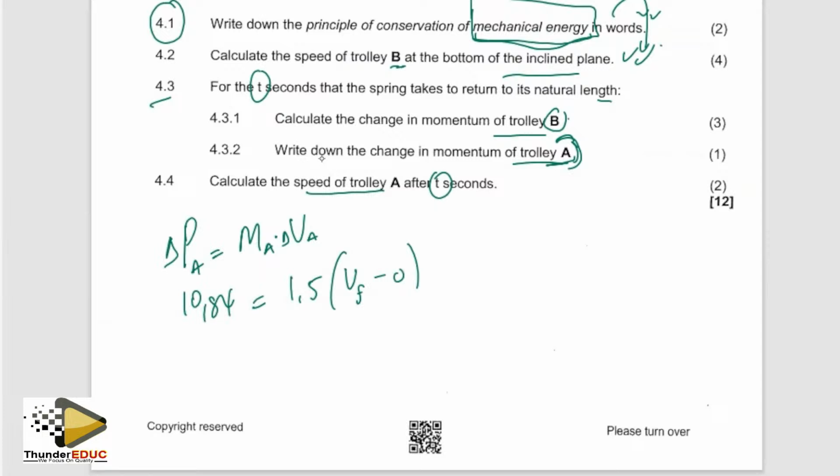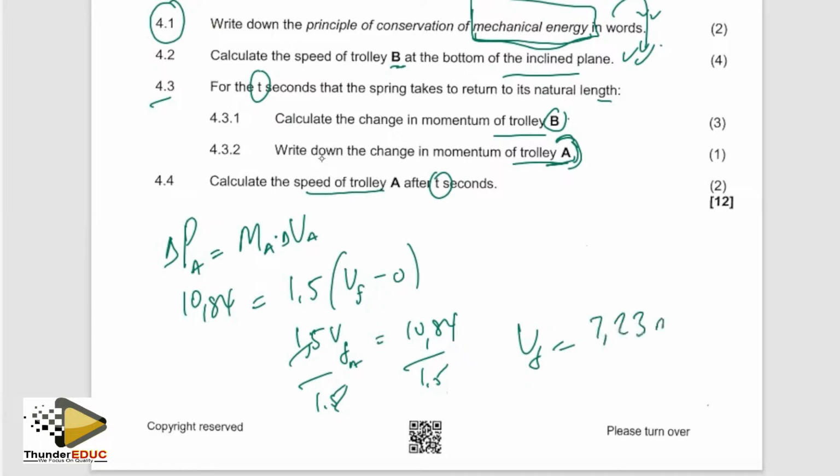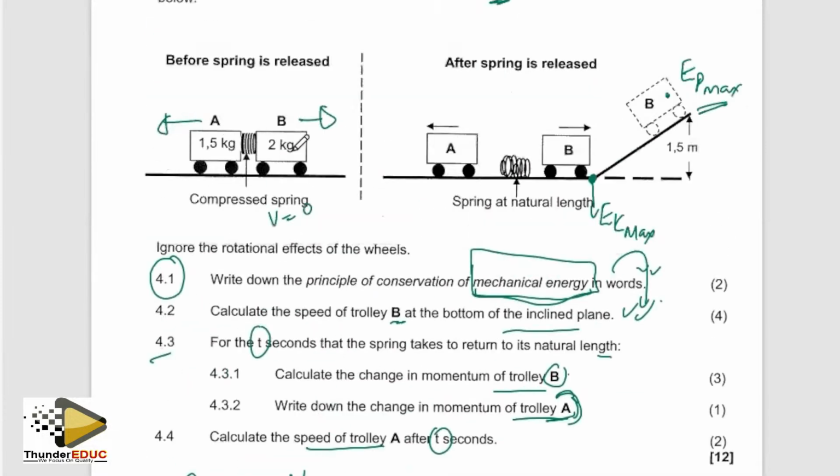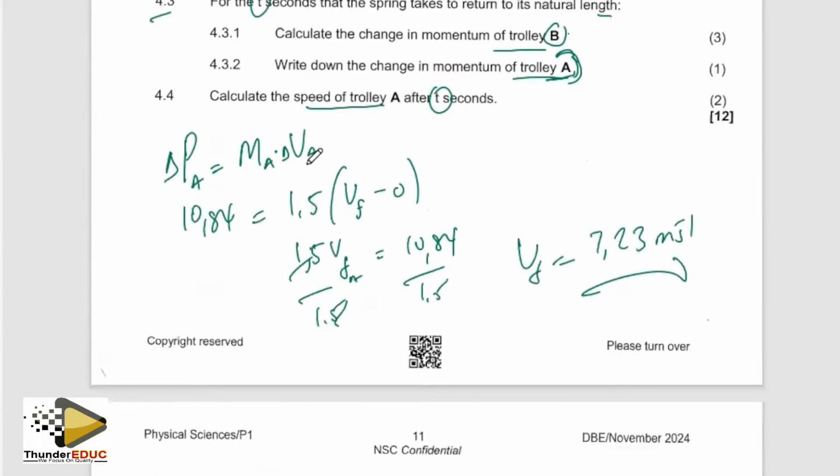So we have 1,5 v final of A equals 10,84. Let's divide both sides by 1,5. So 10,84 divided by 1,5 becomes 7,23 meters per second. A smaller body will have more velocity than a bigger body, which is kind of logical.